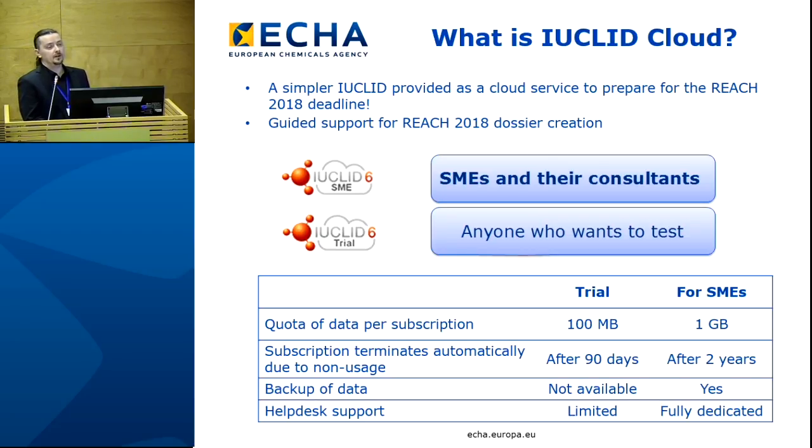The trial is meant for being used for testing or training. Also, there is an automatic termination of unused subscriptions, so the trial will expire after 90 days of non-use, where the SME only goes after 2 years, and then we'll still keep your data for a year. But you will be informed, no worries. The SME is of course backed up, but the trial is not backed up.